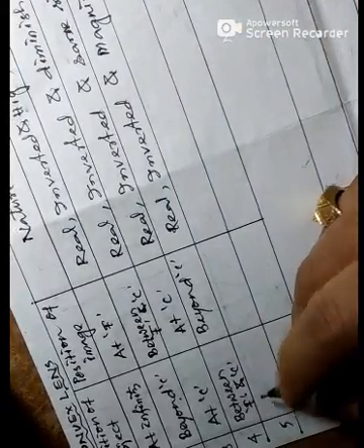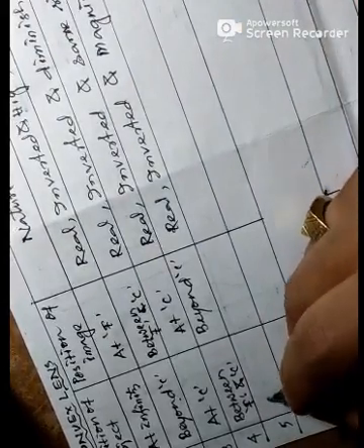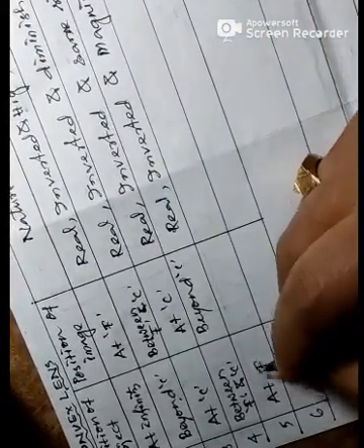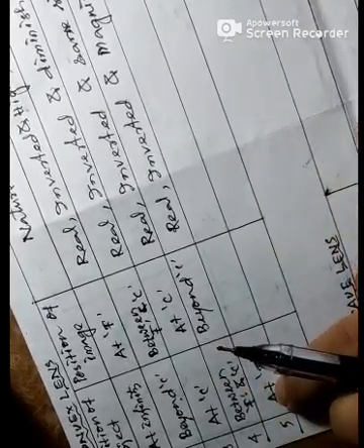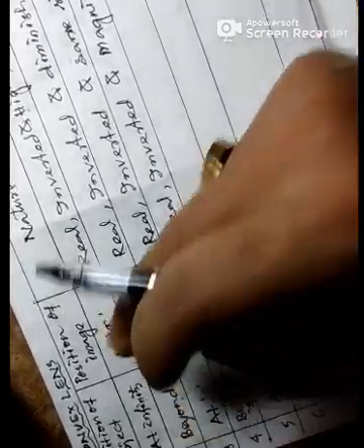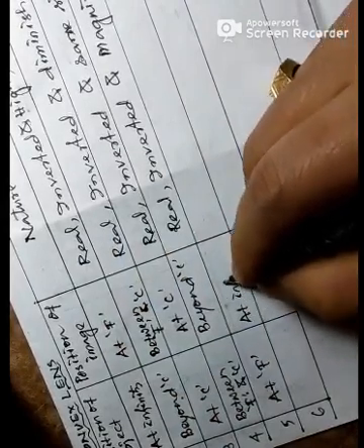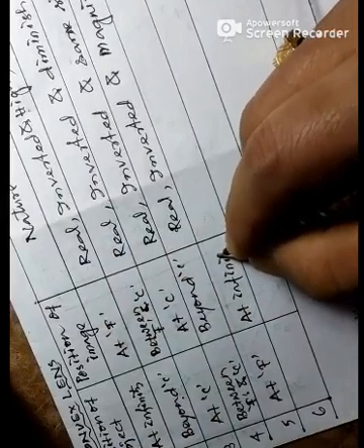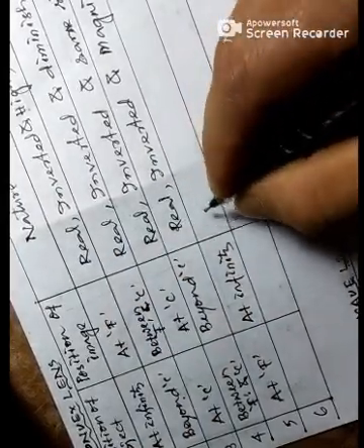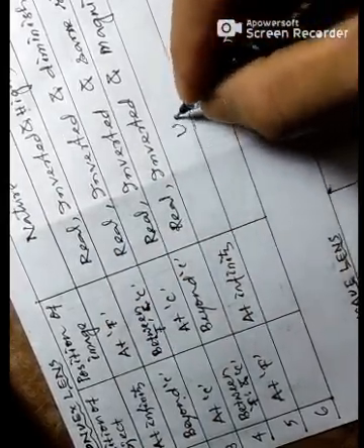Next, the object is at focus. It is opposite to the first point, so the image will be formed at infinity. The nature will be unknown.